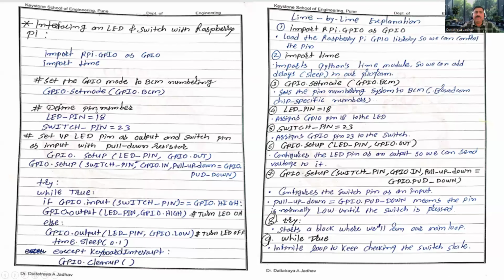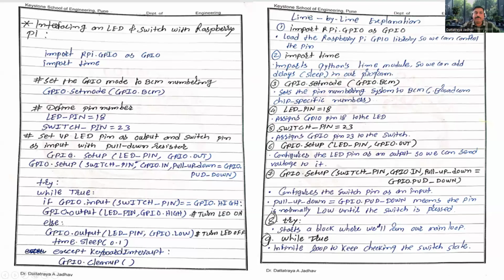Then we define the pin numbers. We define LED pin equal to 18, and switch pin equal to 23. That is the syntax for that. Then we set up the LED pin as output and the switch pin as input with a pull-down resistor. How can it be done?